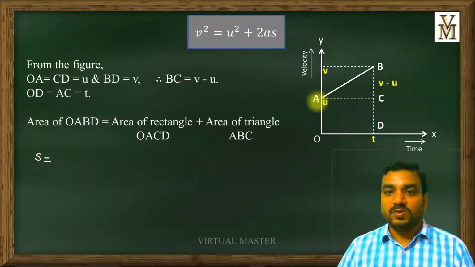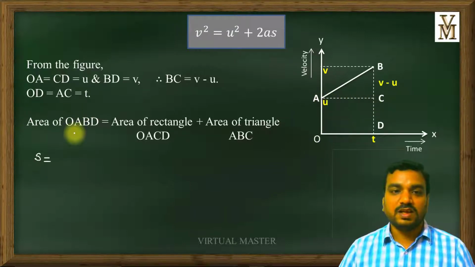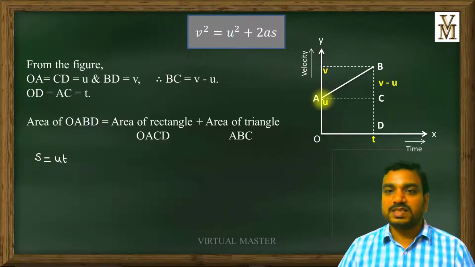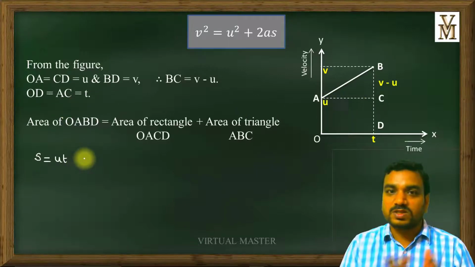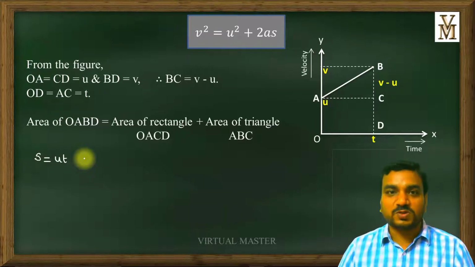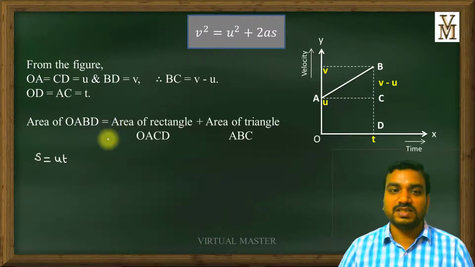OA is the length and AC is the breadth of the rectangle. So I will write directly U into T. OA is equal to U and the breadth AC is equal to T. I am writing it directly because we have already discussed this while deriving S equals UT plus half AT square, isn't it?